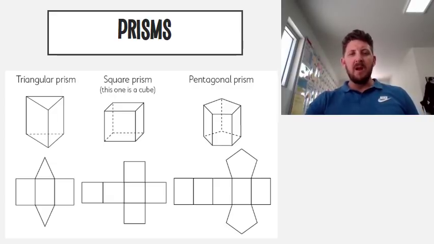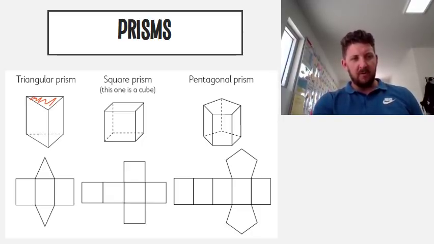Prisms are a little bit different, a little bit more difficult. We look at the base and we say, right, we have a triangular base. Normally a prism in general is made up of squares and rectangles and 2 of the bases. The number of rectangles or squares depends on the number of sides of your base. In the first one, we know it's a triangle, 3.